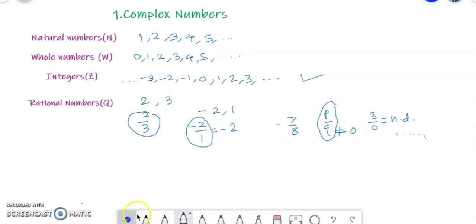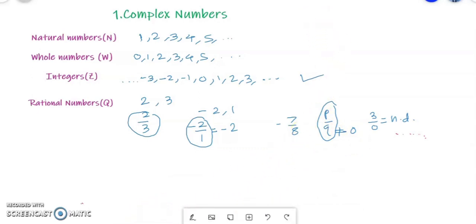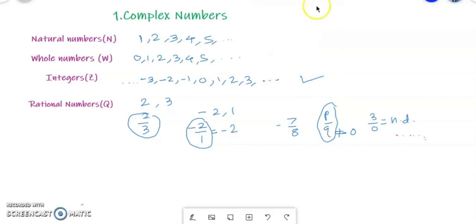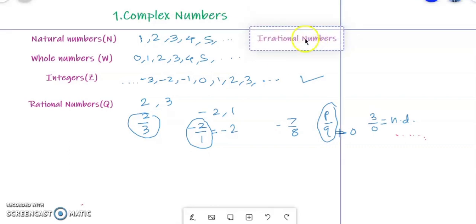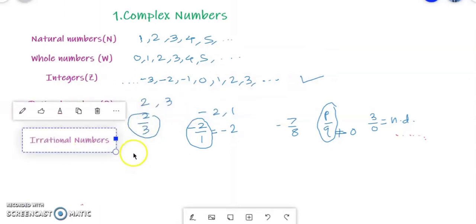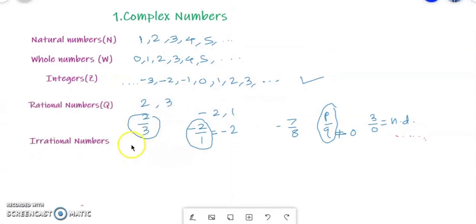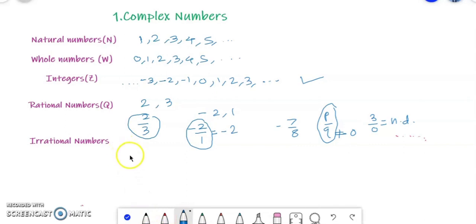Then we turned to another set of numbers which is called irrational numbers. This kind of numbers you cannot list, or write in a roster form or even set builder form. The numbers like root 2 or root 3 or root 5 or root 6, root 7, root 8, not root 9.